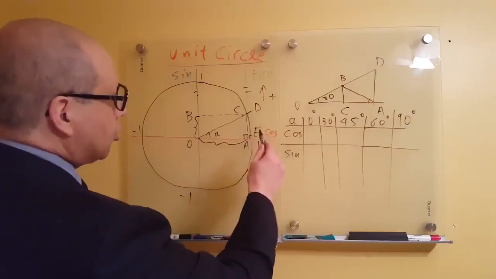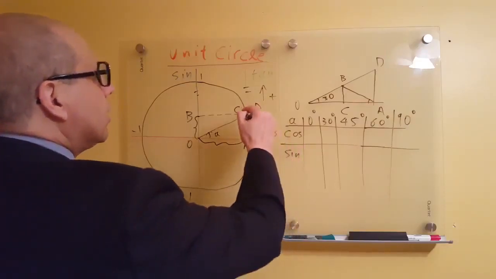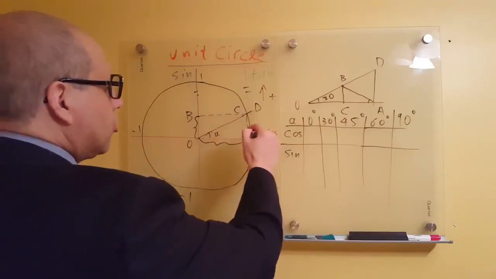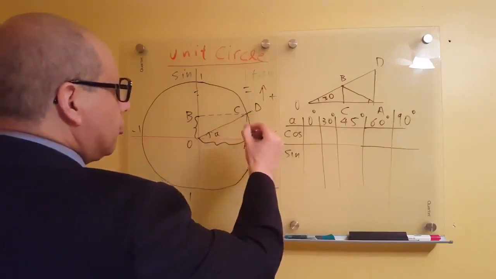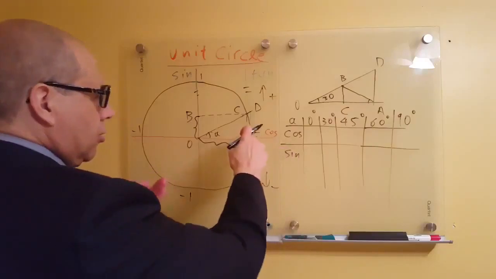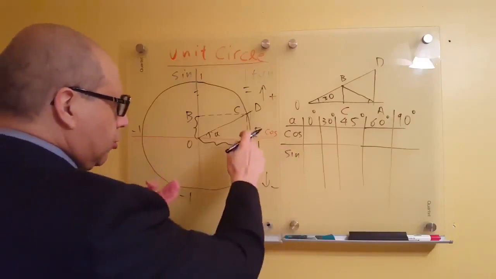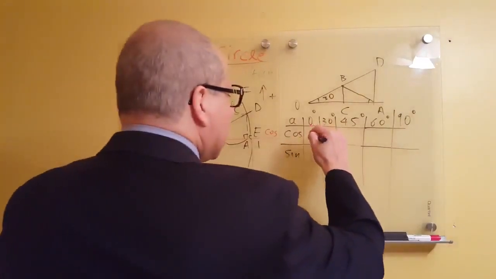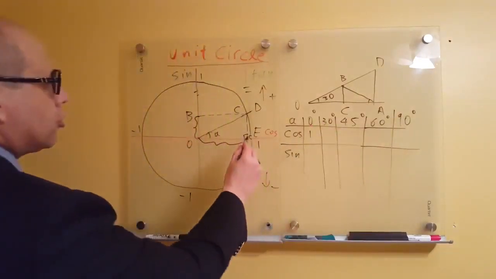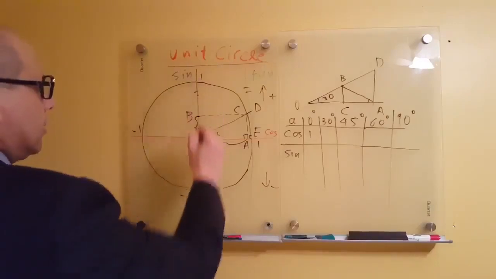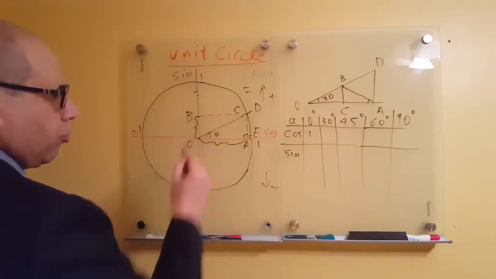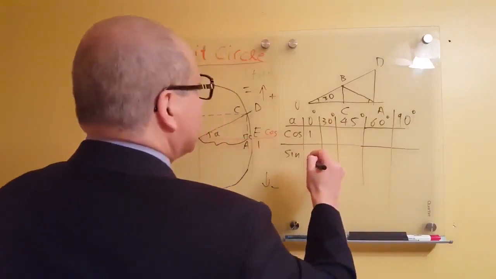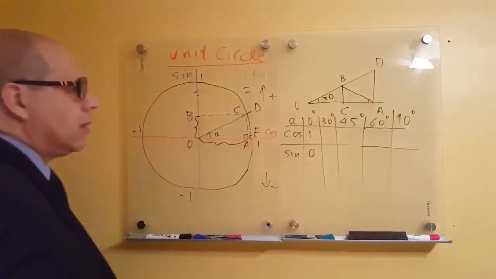You bring the projection of this point to the cos axis, and it's of course the same point. If you measure it, it's equal to 1. And if you bring the projection to the sine axis, it goes here, which is of course 0 for the sine. So the sine of 0 degrees is 0.